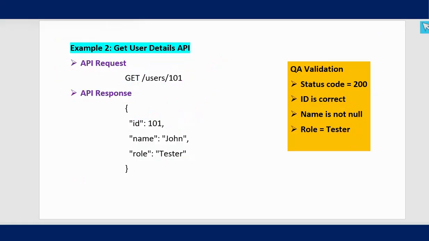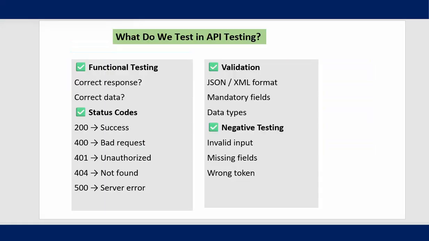And now next is, what do we test in API testing? What basically do we test? We have functional testing, where we check whether the response is correct or not, whether the data is correct or not, and we check the status codes.